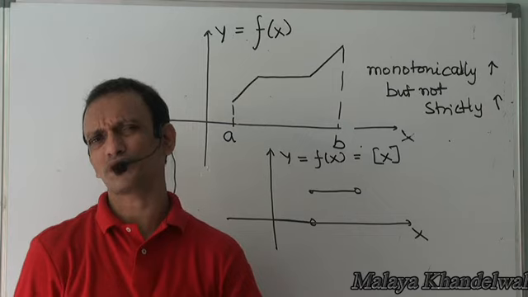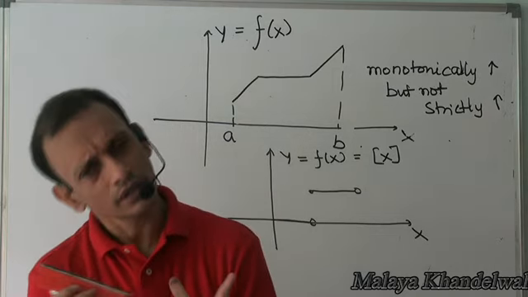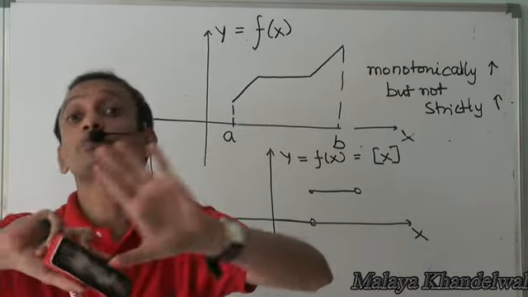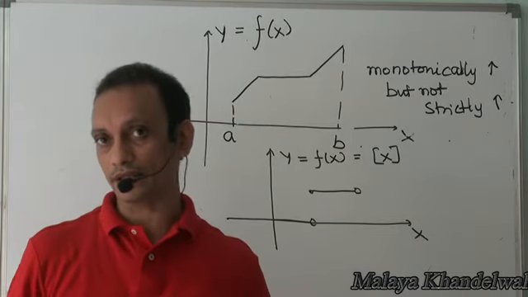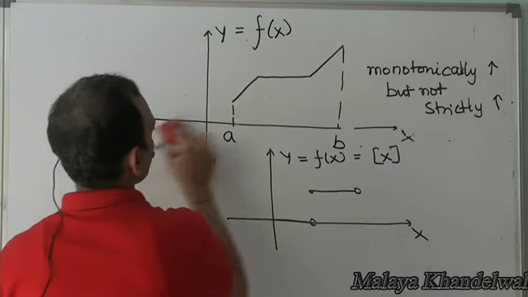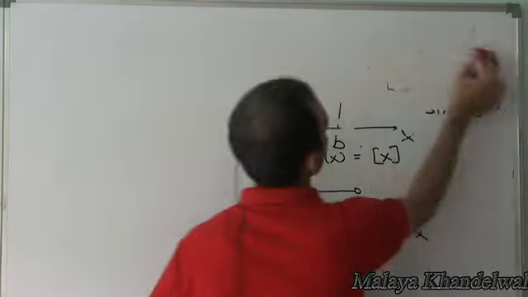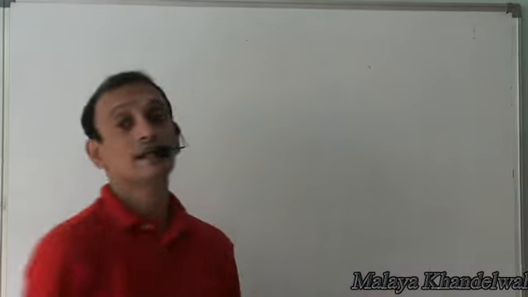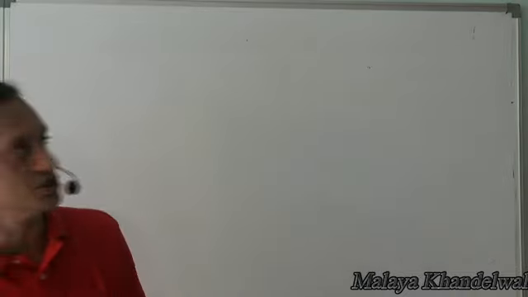See, one thing for sure, if a function is strictly increasing, it is monotonically increasing. But if it is monotonically increasing, it may or may not be strictly increasing. That's the important thing to understand, right? Now, once you understand this terminology, let's look at the model that will help us relate to this terminology.